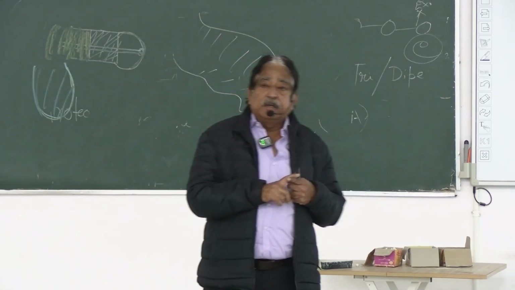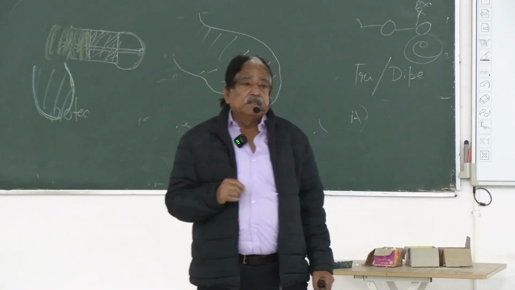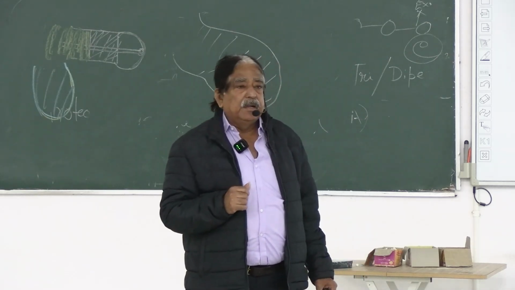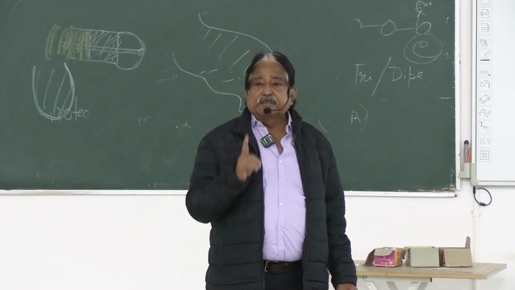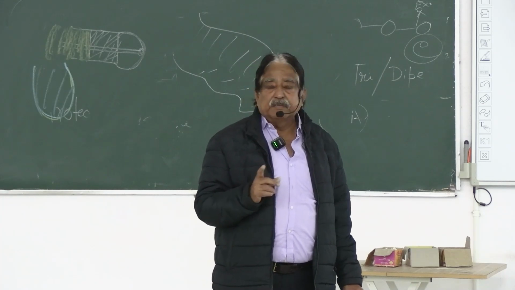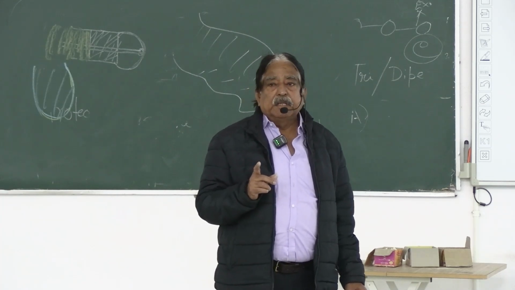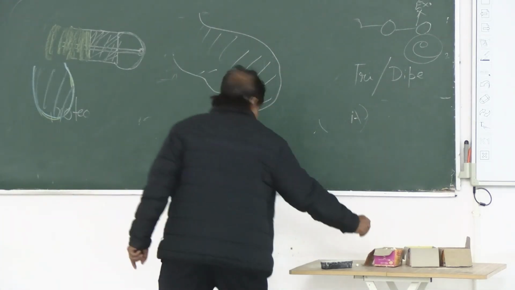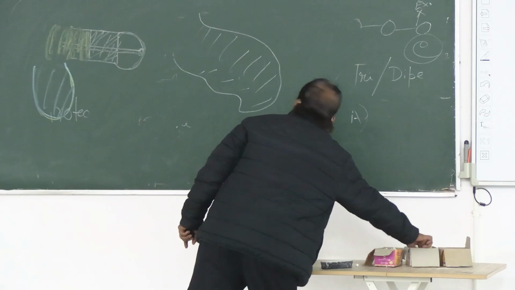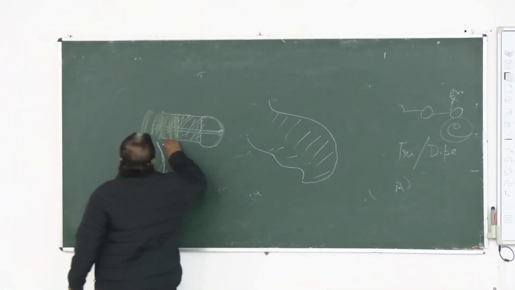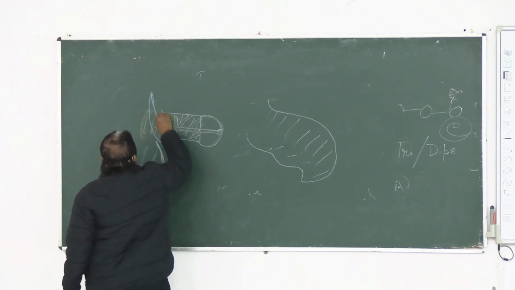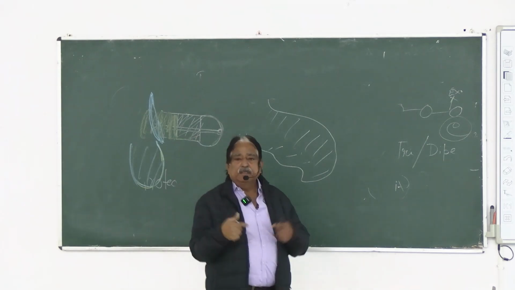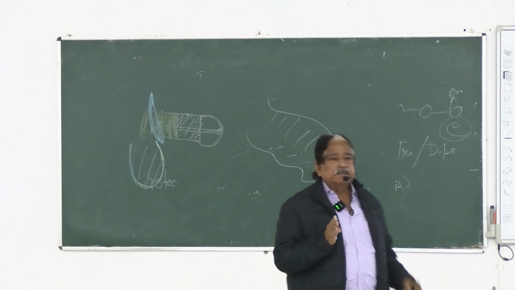But I asked him one question: sir, there's a problem, how do you get an erection? Then he told me, you tie a tourniquet at the root of the penis like this and inject normal saline, and that is erection.